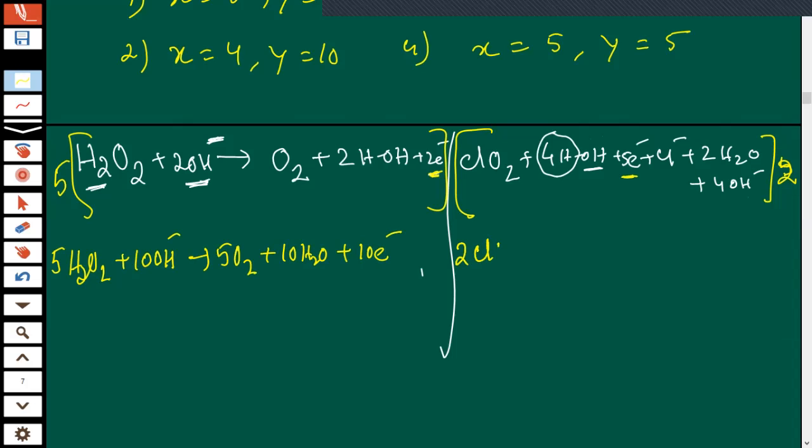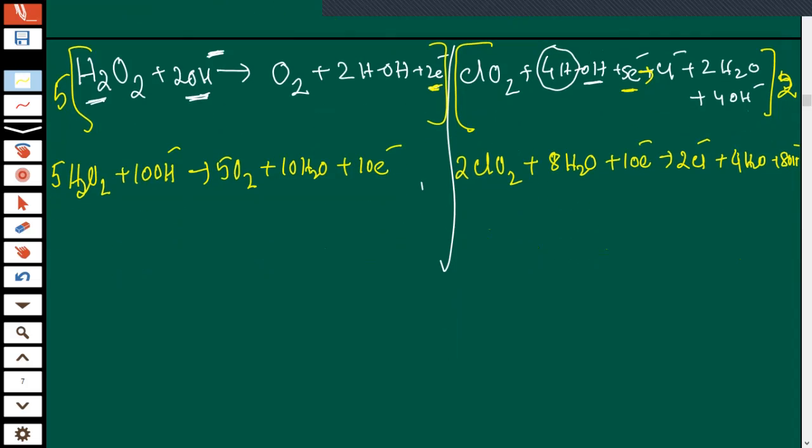So 2 ClO2 plus 8 H2O plus 10 electrons gives you 2 Cl minus plus 4 H2O plus 8 OH minus, right?